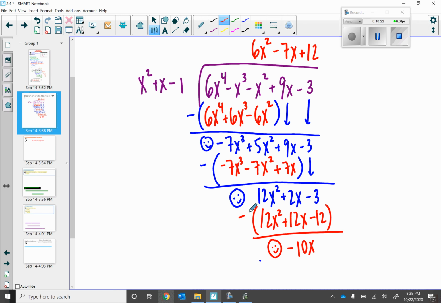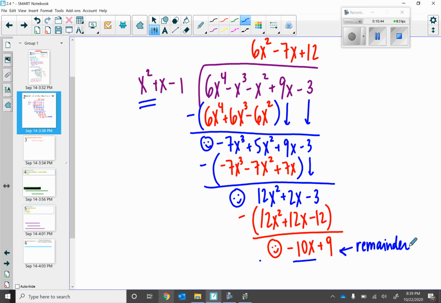And negative 3 minus a negative 12, really, negative 3 plus 12 is plus 9. But notice now, we can't do any more multiplication to get from x squared to 10x. So what we have left over is known as a remainder.